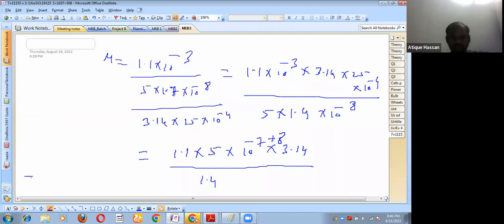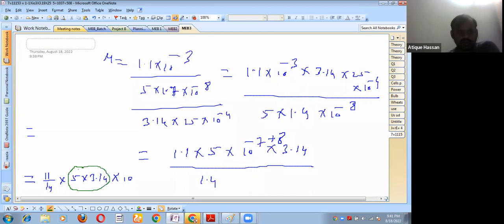So from here you will get approximately 11 by 14 into 5 into 3.14. You can also find it approximately, no need to solve and get the exact value. Otherwise you can find the exact value also, but in the exam we have to do some approximate calculation.